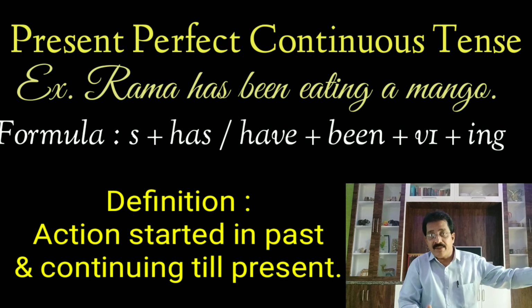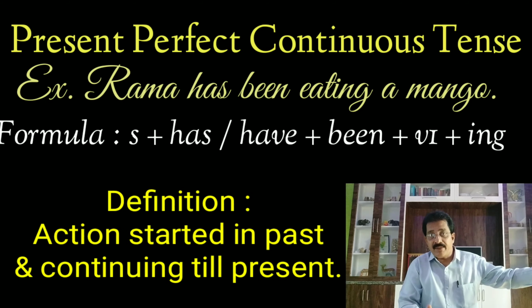And after that, we are not bothered about it. So this is a basic necessity for using present perfect continuous tense. An action should start in the past and continue for a long time till the present moment at least. Later it may or may not.